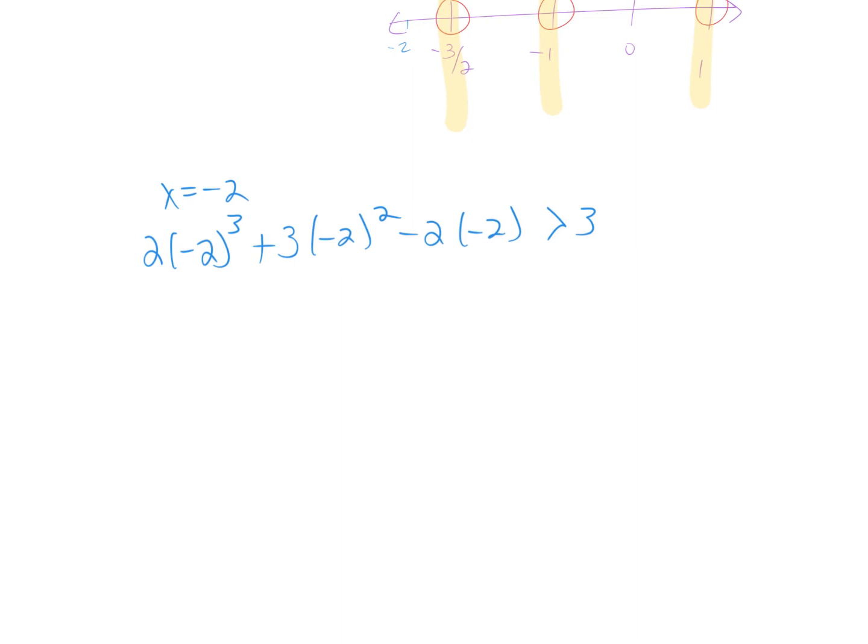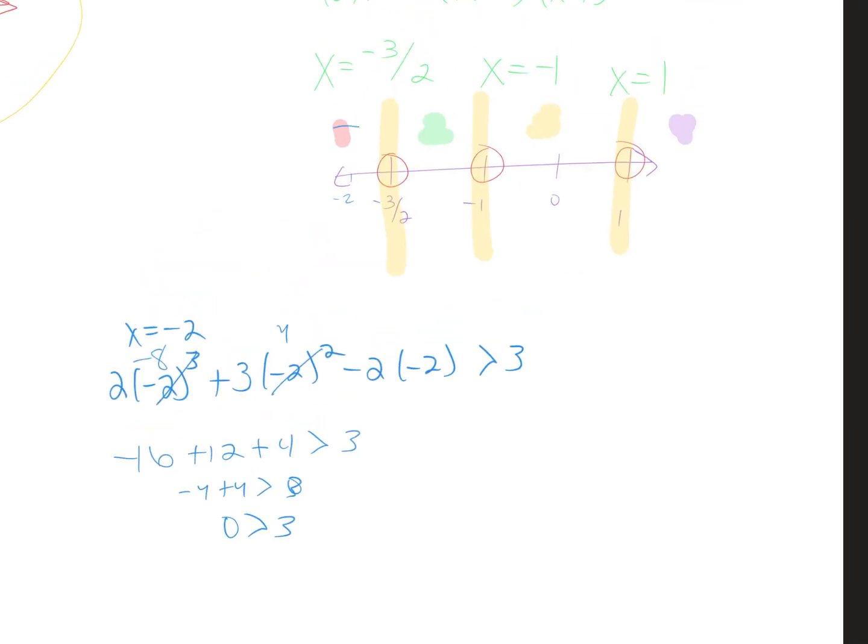When we evaluate this, -2 cubed is -8 times 2 is -16. -2 squared is 4 times 3 is plus 12. Then I have minus -2 times 2, which is plus 4. Is that greater than 3? -16 and 12 is -4, plus 4. So 0 greater than 3? No. That means nothing in this section will make my inequality true.